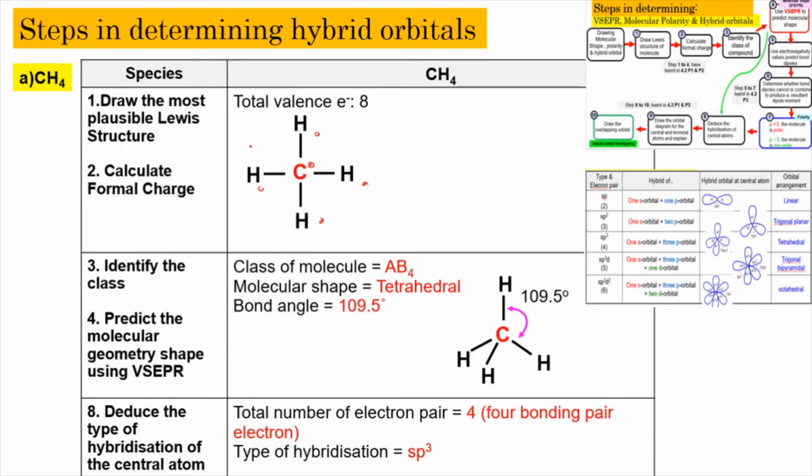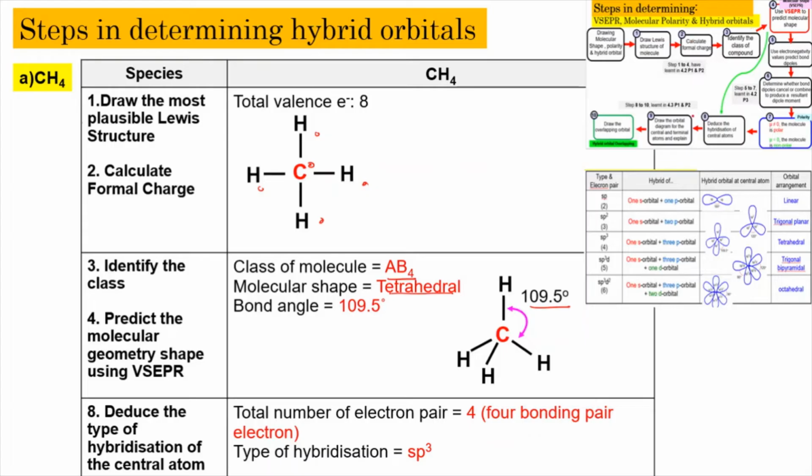And then from the drawing here, you need to determine the class of the molecule, which is AB4. From the AB4, you know that the molecular shape is going to be tetrahedral, and the VSEPR shape is going to be something like this, with an angle of 109.5. So step 1 until 4, you need to do as usual.